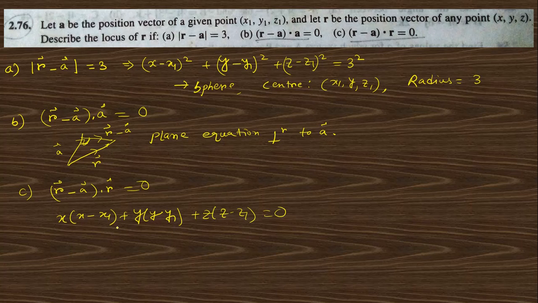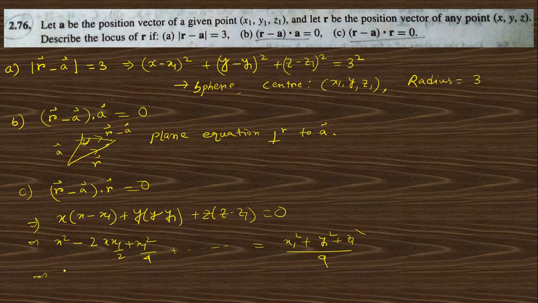In this expression there is a benefit because we got x square minus x into x1 plus y square. You just express it as x square minus x into x1 plus x1 square by 4, so you need to subtract this portion from the whole expression. So this is x1 square plus y1 square plus z1 square by 4.